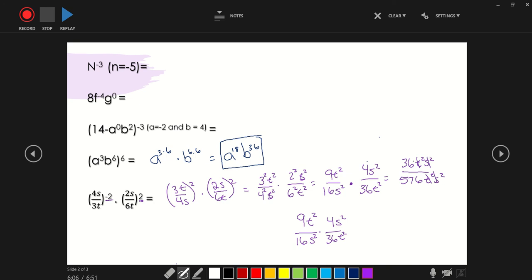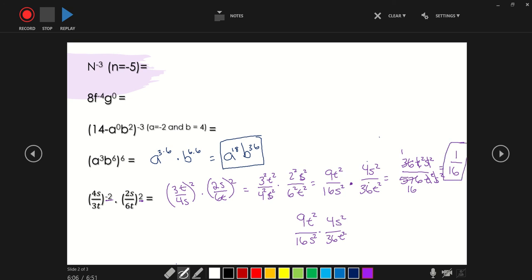We can cancel those out. And then 36 goes into 576 16 times. So your answer would be 1/16. I'm making a mess drawing here, so I'll erase what I don't need. Your answer then becomes 1/16.